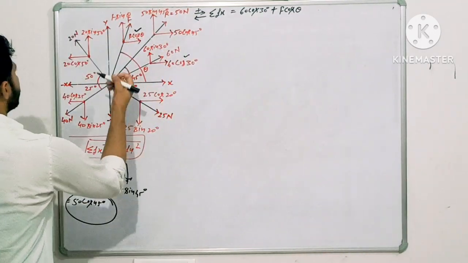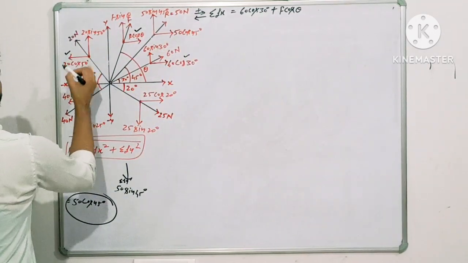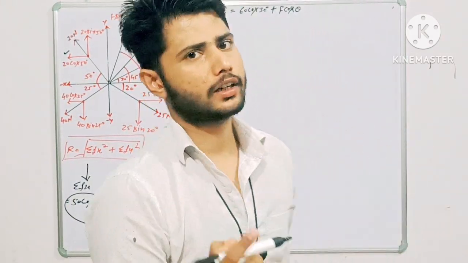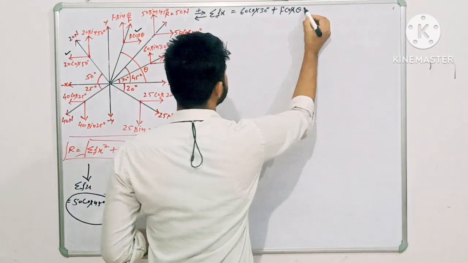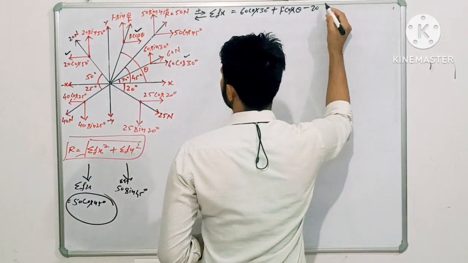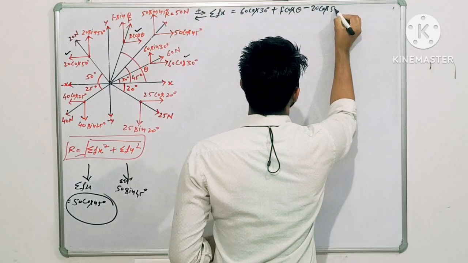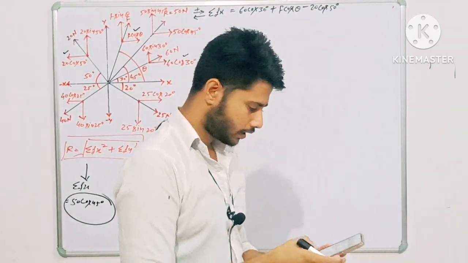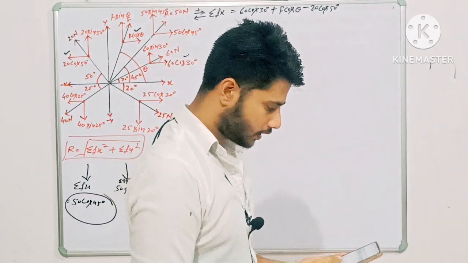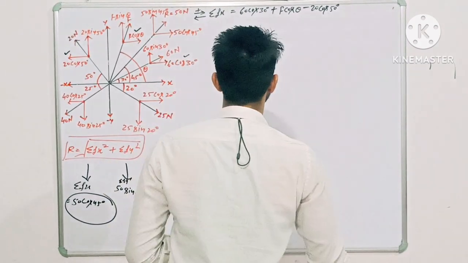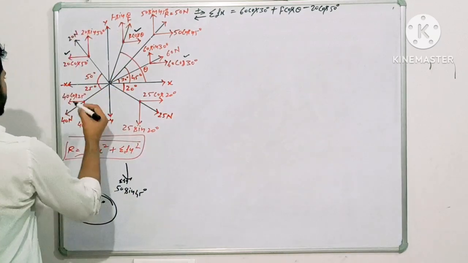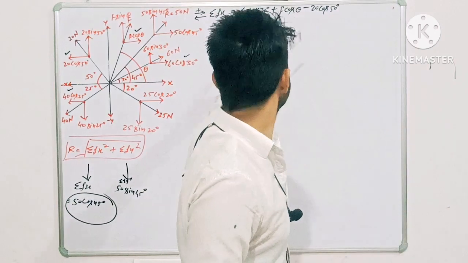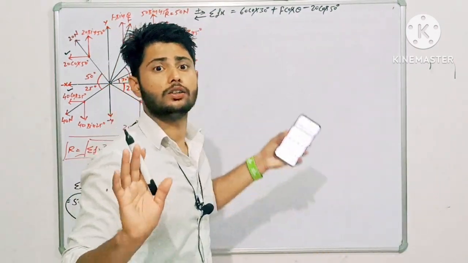We have to find out this angle first. Now come next: 20 cos 50 degrees is going in the leftward direction, so you have to take it negative: minus 20 cos 50 degrees. Now I am closing the bracket. Next, we have to do the summation of all the horizontal forces here, not the vertical forces.